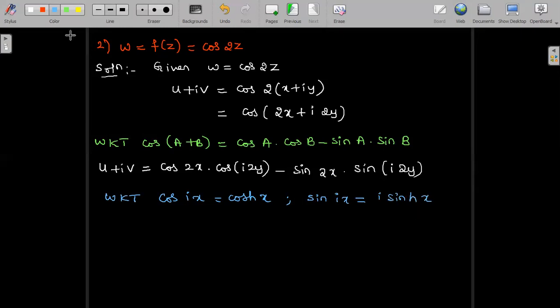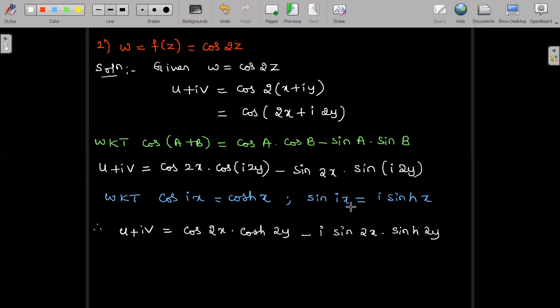But here in place of x we have i into 2y. So in place of x we have 2y. Applying the same thing, we can rewrite u plus iv as cos 2x into cos hyperbolic 2y minus i into sin 2x into sin hyperbolic 2y.